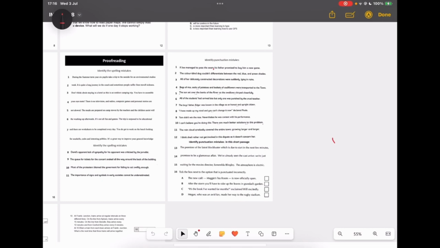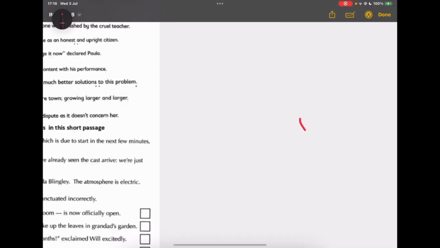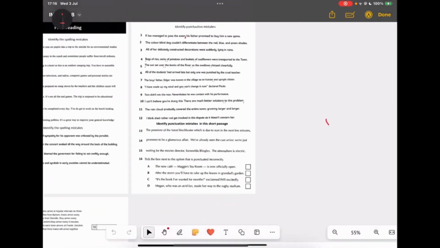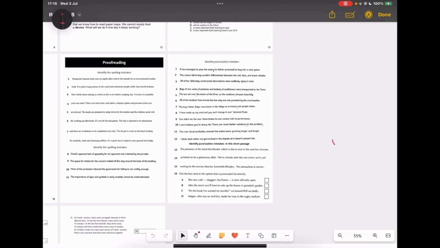So the colourblind dog couldn't differentiate between the red. So after the, if I just zoom out, after the, you can add a colon. So the colourblind dog couldn't differentiate between the red, blue and green shades. No. After between the red, blue and green shades.